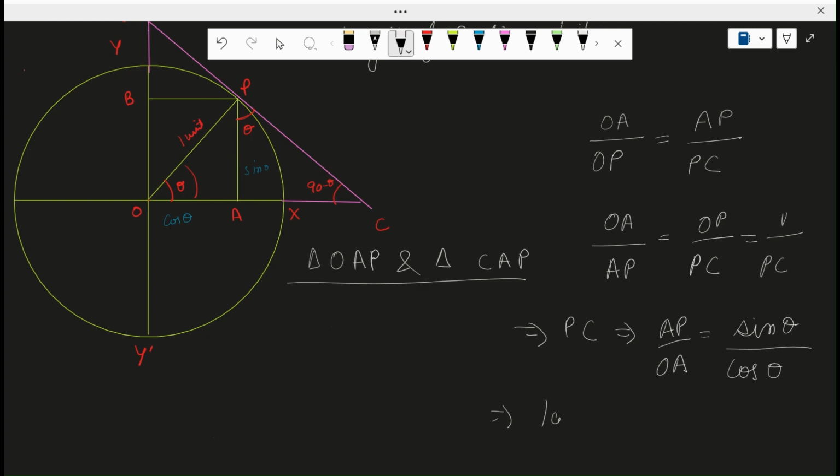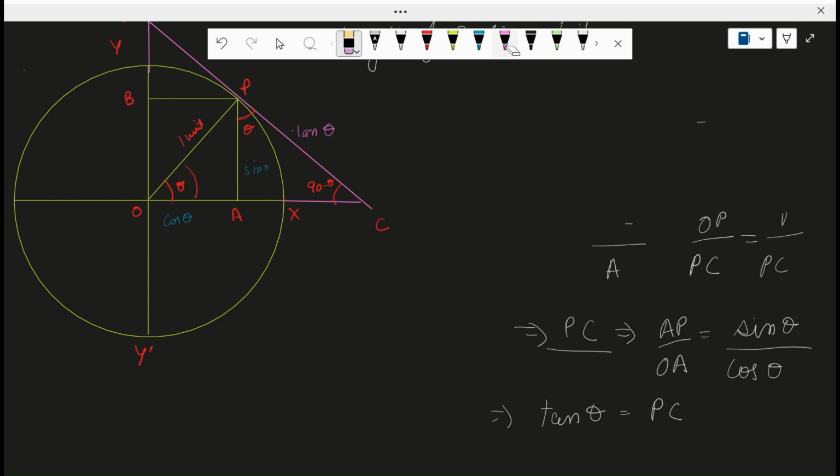So we easily get the tan theta value as PC. Since sine theta upon cos theta is tan theta, we can write this length PC as tan theta. Now let us calculate cot theta.